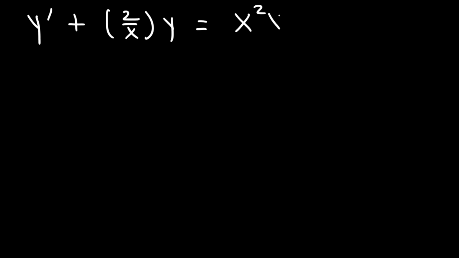So let's work on an example. So let's say we have this equation y prime plus 2 over x times y, and that's equal to x squared y to the third. So it's already in standard form.